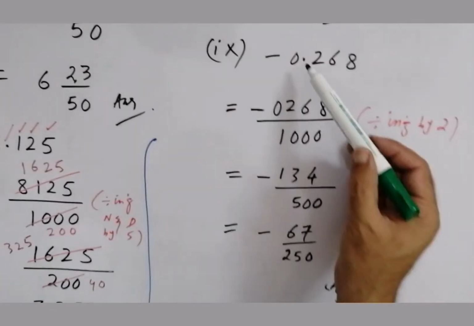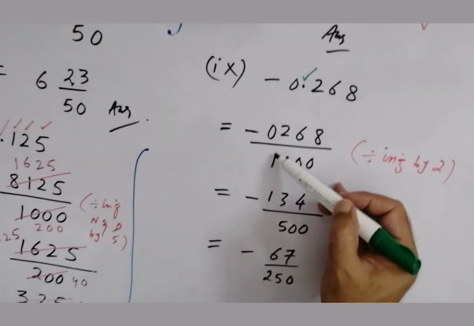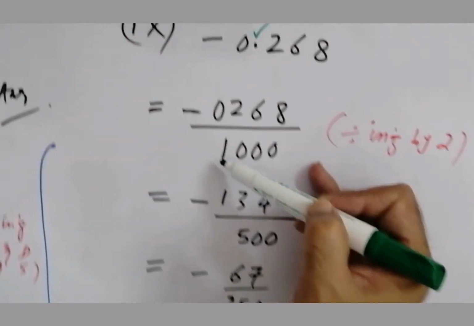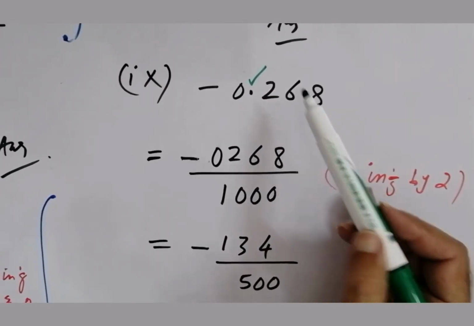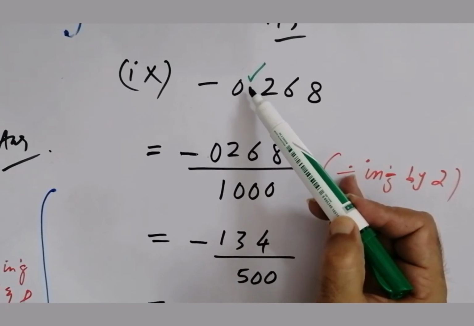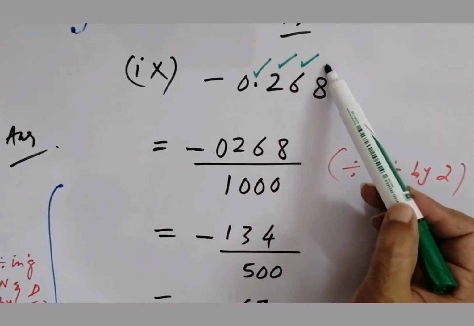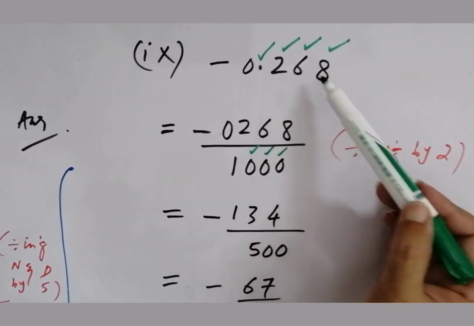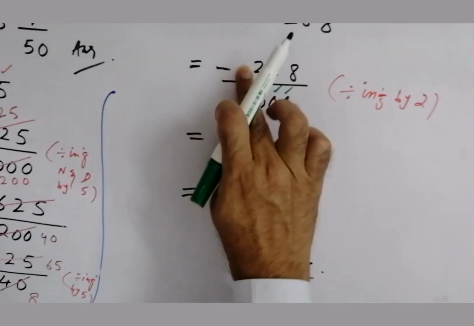So remove this decimal point and replace it by 1. We have 3 digits on the right side of the decimal point, so replace 2, 6 and 8 by 3 zeros, 0 0 0. 3 digits and 3 zeros. Now this 0 is meaningless.